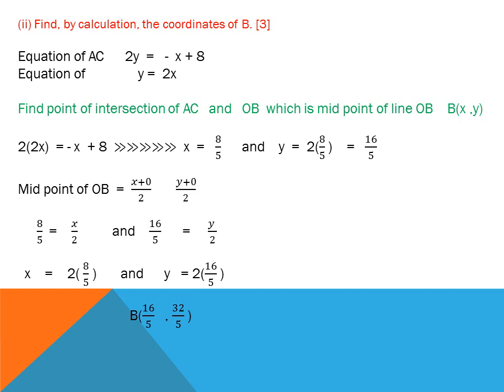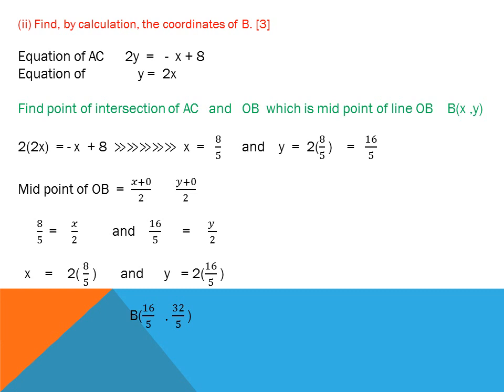Suppose the coordinates of B are (x, y). I apply the midpoint formula to OB, because point O is (0, 0) and point B is (x, y). The midpoint of OB is (x1 plus x2) over 2 and (y1 plus y2) over 2.